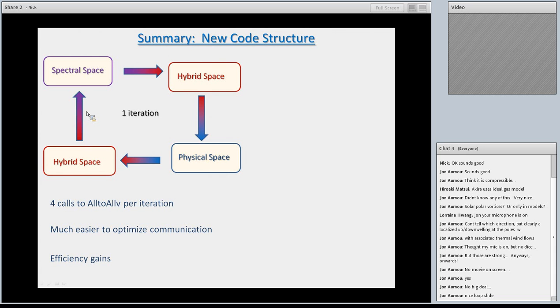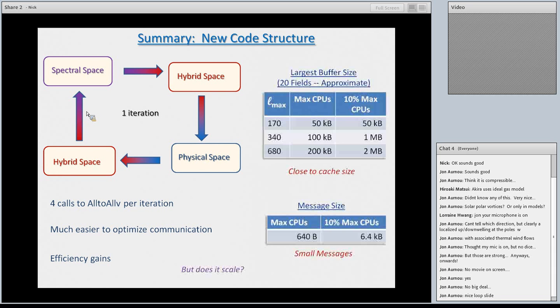And this leads to quite a bit of efficiency gains, because you're transforming this big buffer all at once, mitigating the overhead associated with things like your Legendre transform. In our Legendre transform, we compute the coefficients on the fly, and so those are only computed a few times instead of many times.